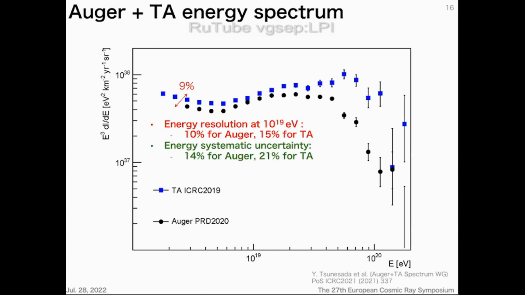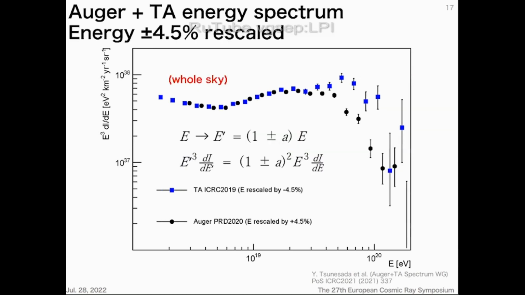The energy systematic uncertainty for the OJ case is 40%, and for the TA case is 21%. So we shift their energy scales within the energy systematic uncertainty. Then the shifted spectrum is like this one.